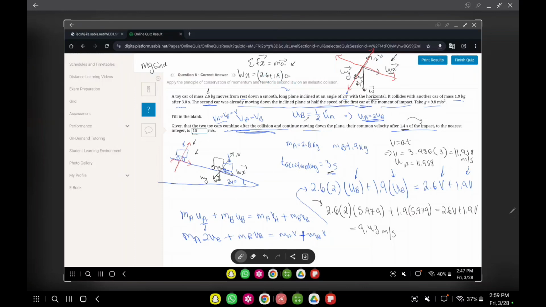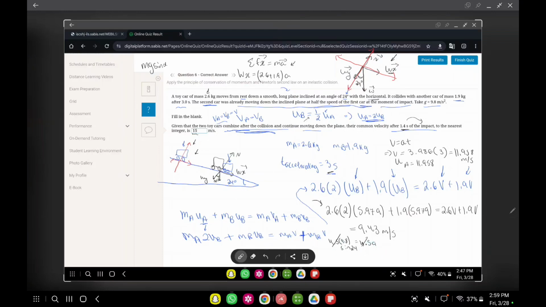Let me add this up. Wx is equal to 2.6 plus 1.9, which is 4.5, times a. What is Wx? It's mg, the weight, times sine alpha. What is mg sine alpha? The mass is 2.6 plus 1.9, which is 4.5, times 9.8 times sine 24.